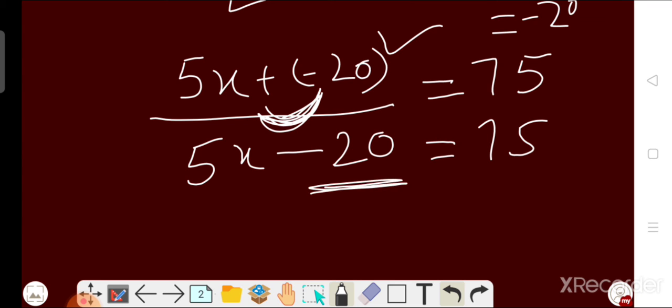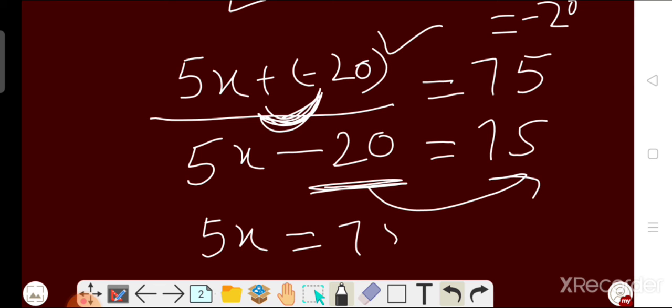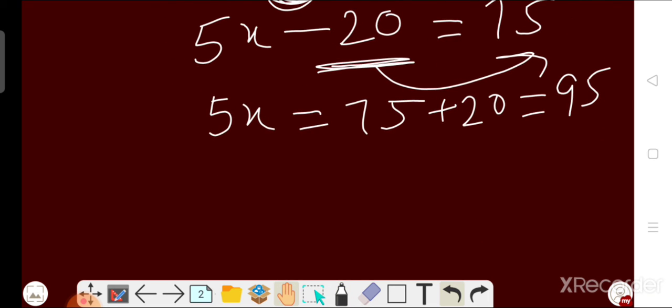When this 20 goes to the right of equality, it will become plus 20 from minus 20. So 5x is equal to 75 plus 20, and this is equal to 95. Again, 5 is in the multiplication of x, and if 5 goes to the right of equality, it will become division of 95.